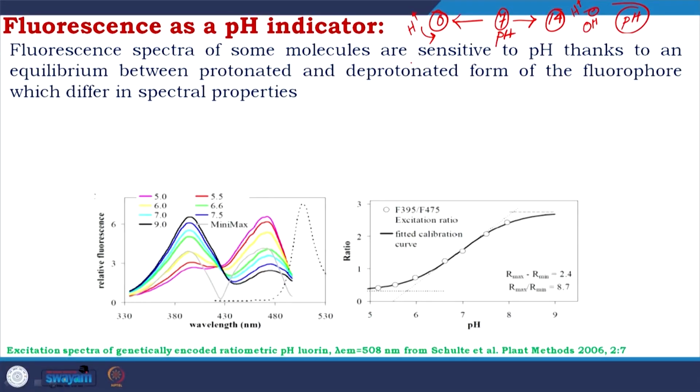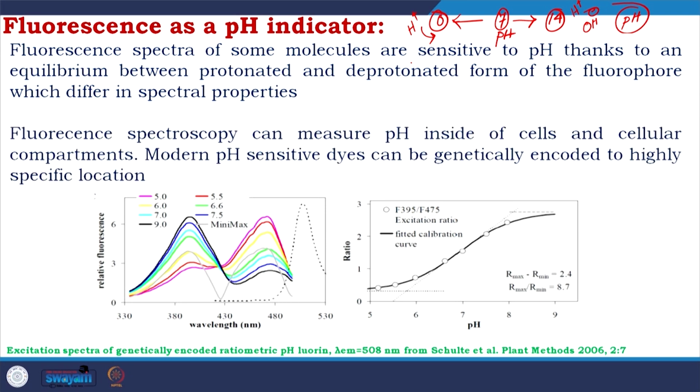So, when you change the pH, the fluorophore could have retained its proton or not. Okay? So, fluorescence spectra of some molecules are sensitive to pH thanks to an equilibrium between protonated and deprotonated form of the fluorophore, which differ in spectral properties.